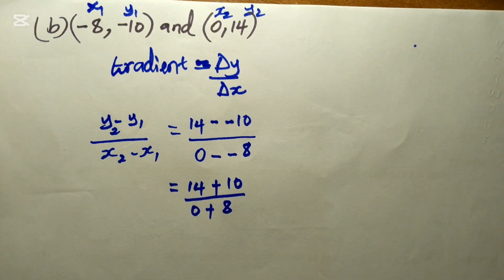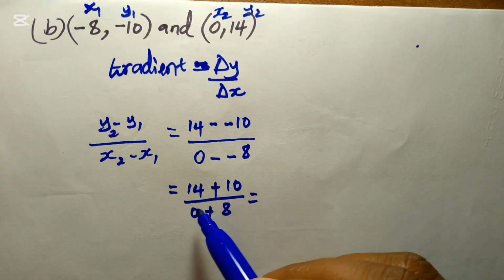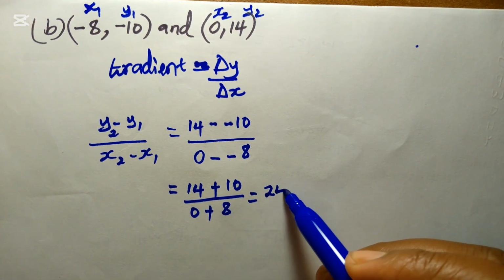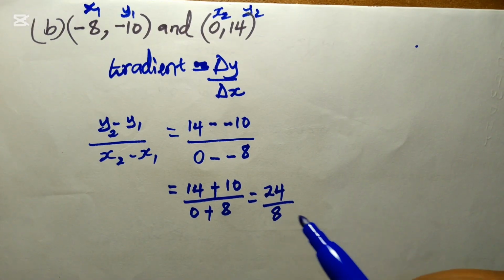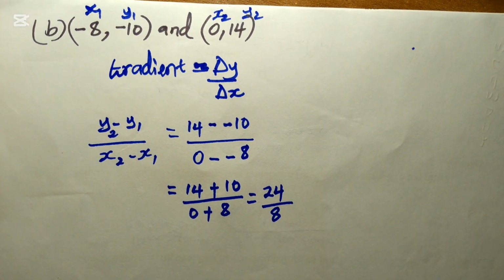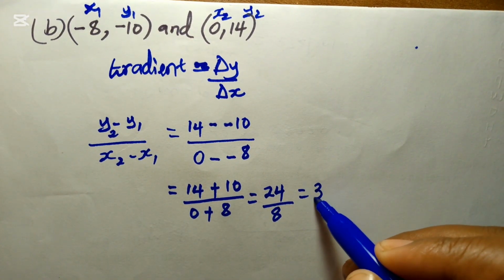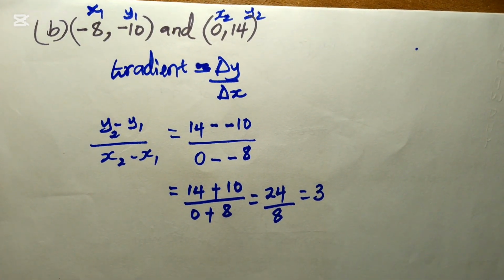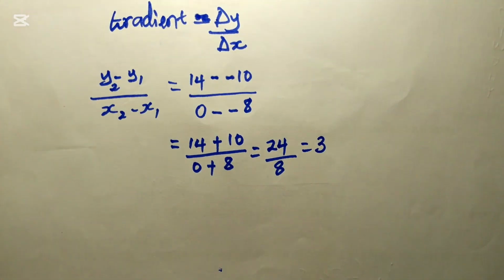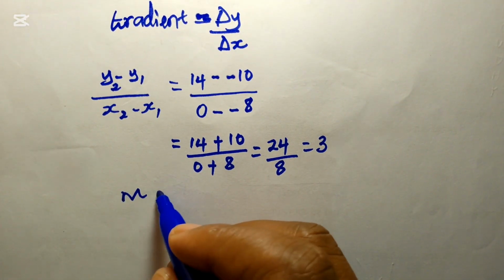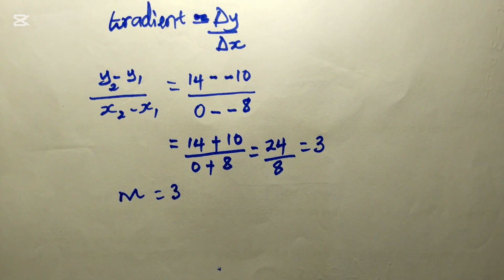So we have 14 plus 10, which is 24, over 8. And 24 divided by 8 is equal to 3. So this is the gradient. In this case, the gradient m is equal to 3.